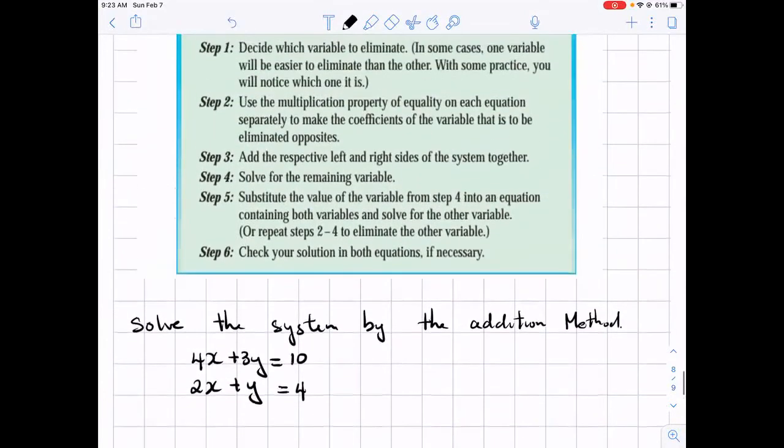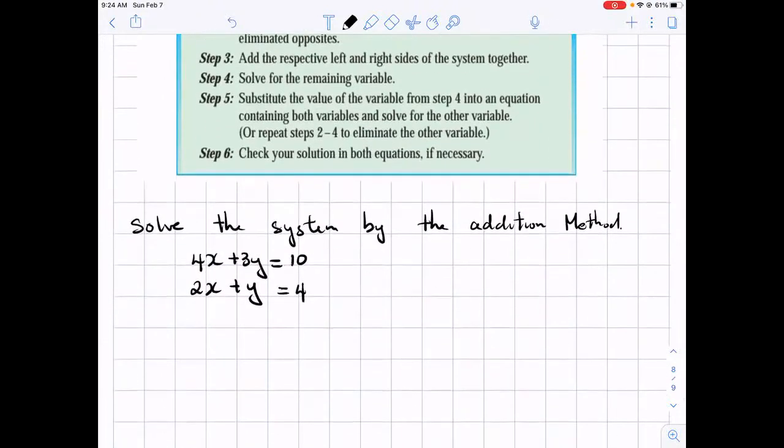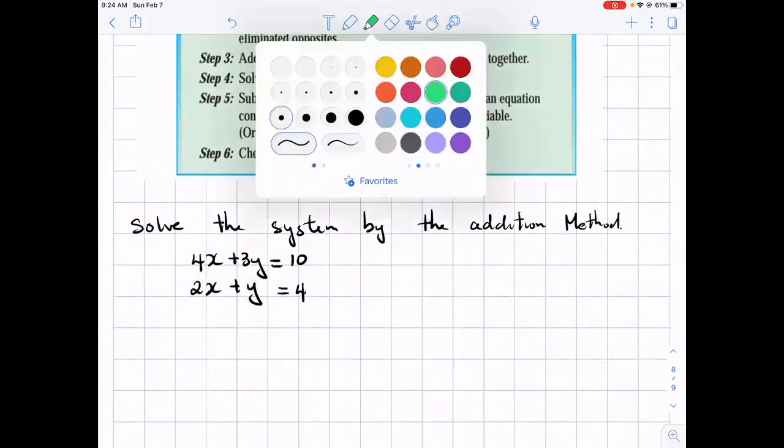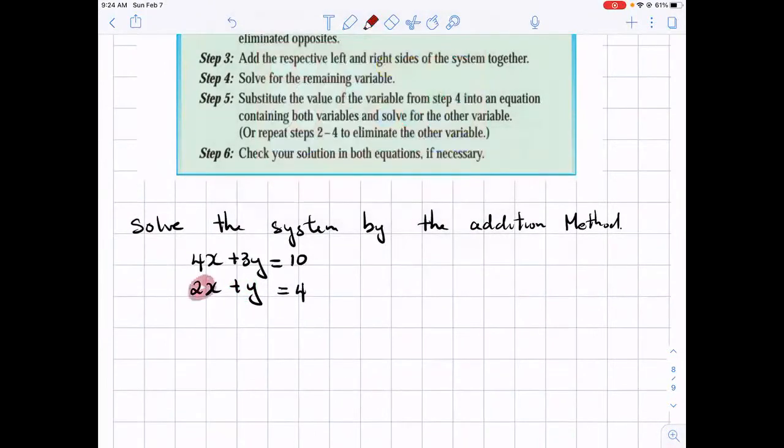You have to decide which variable to eliminate. Once you have decided that, then we will multiply either one or both equations. So notice that if this here was a minus 3y, the y's would cancel. Okay? Or if this here was a negative 4x, the x would cancel.